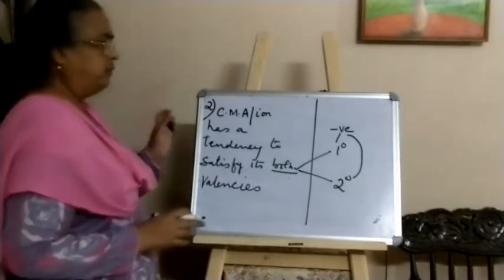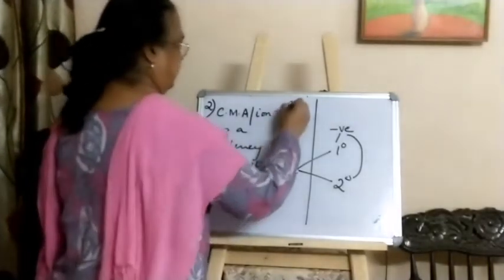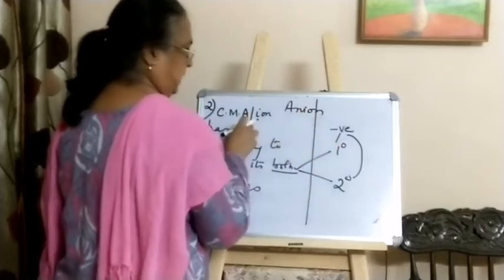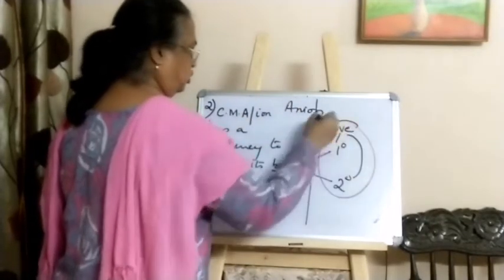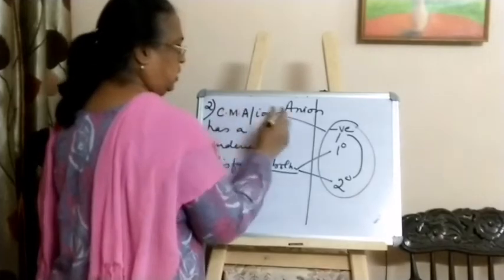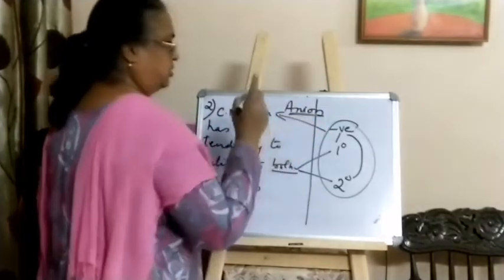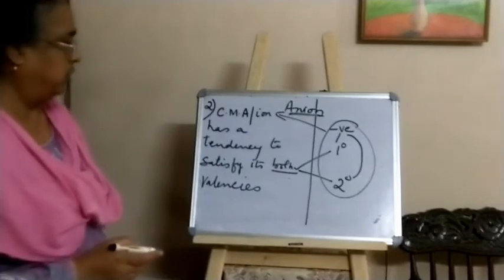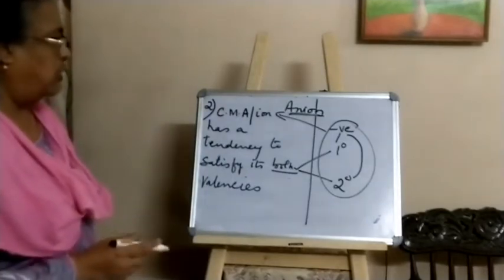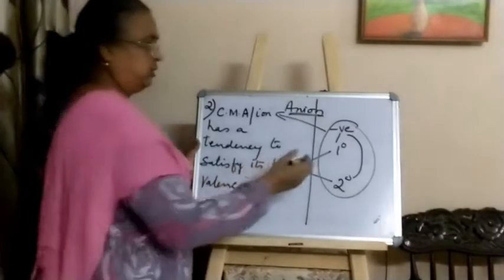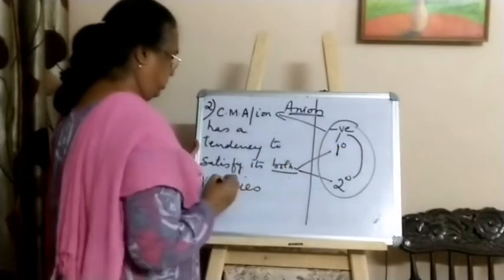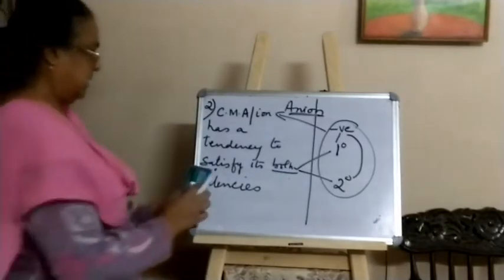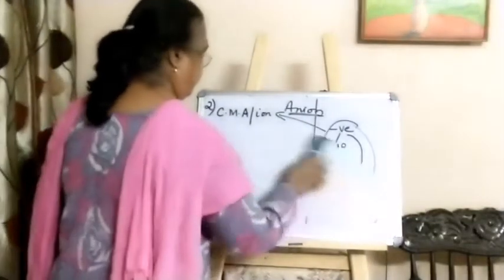And if that happens, that anion which is attached to the central metal atom by both is not able to dissociate in water or in solution. Only the anion which is linked to the primary valency is able to dissociate. So this is the second point. We'll see that in the structure.